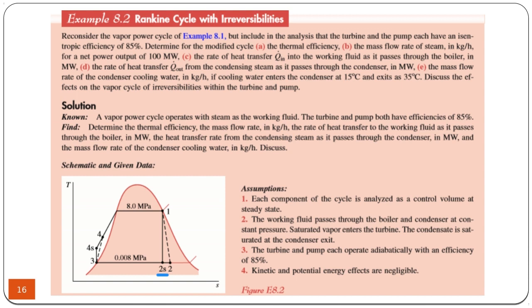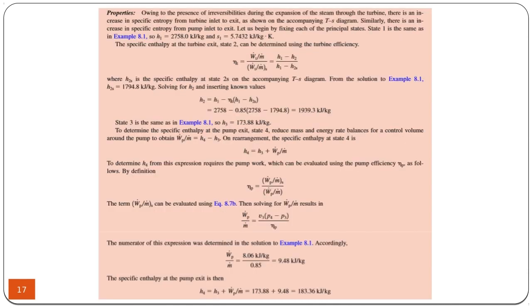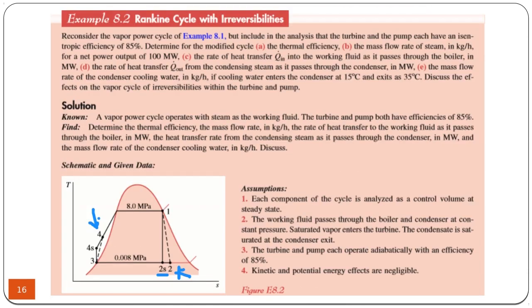This is the real, actual case, where the entropy is increasing. And for the pump as well, this is the isentropic case, and this is the actual case. So here we're going to obtain less turbine work because of the irreversibilities, and we have to deliver more pump work because of the irreversibilities again. Note that the pressures are still the same. The condenser pressure is 0.008 megapascal and the boiler pressure is 8 megapascal.